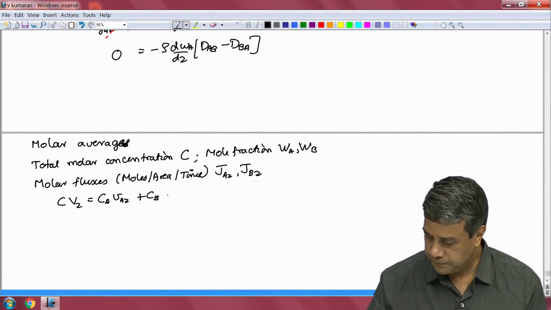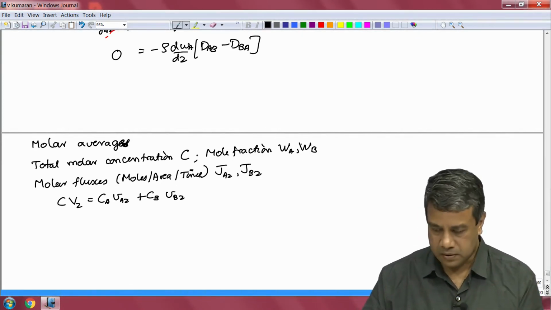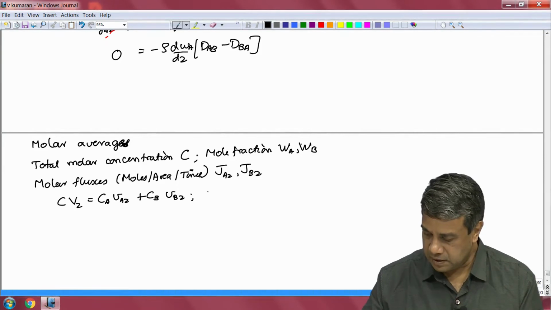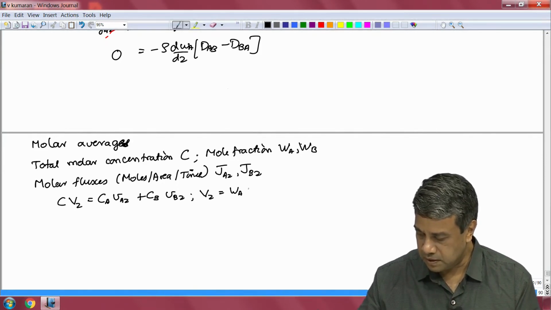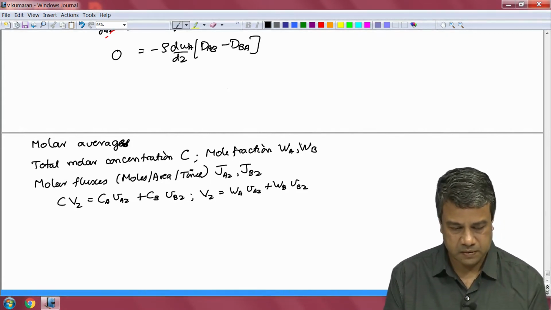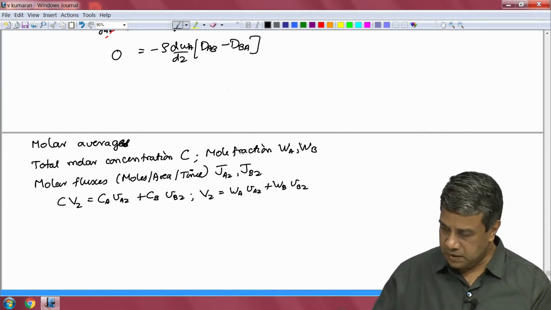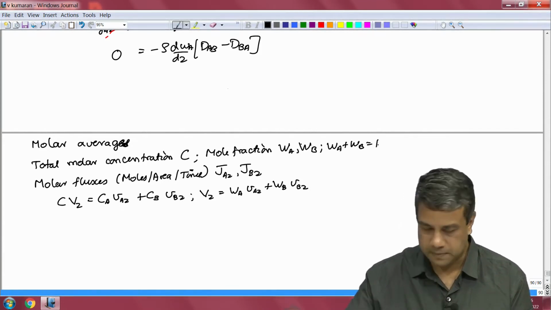If I divide throughout by the total concentration, I will find that Vz is equal to WA VAz plus WB VBz, exactly analogous to the mass averaged quantities. And of course, since these are fractions, WA plus WB is equal to 1.